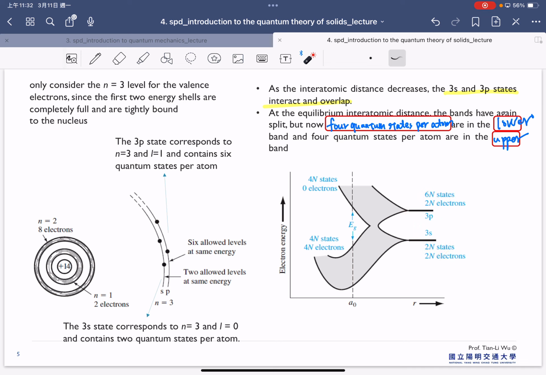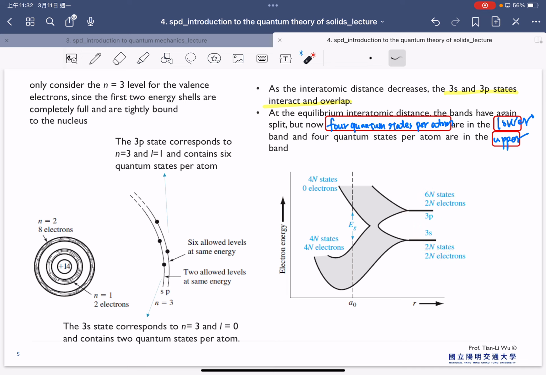Originally you have 2N electrons and 2N electrons, so that's a total of 4N electrons.